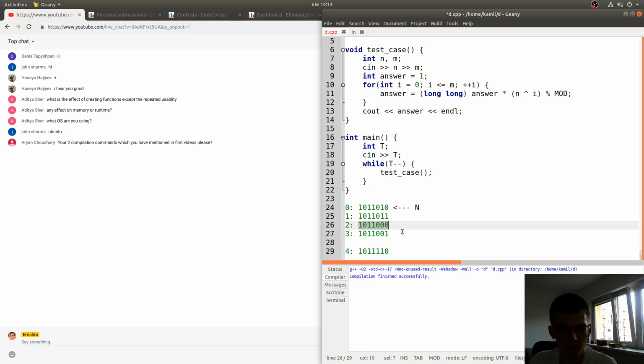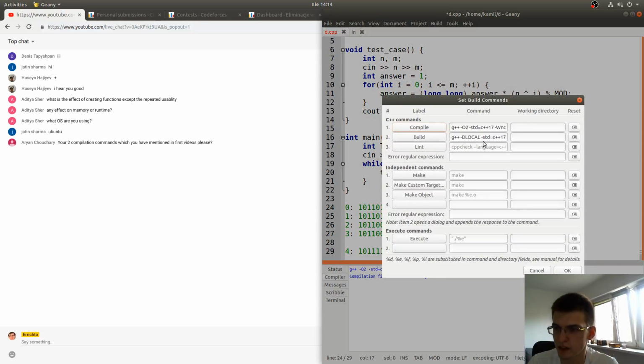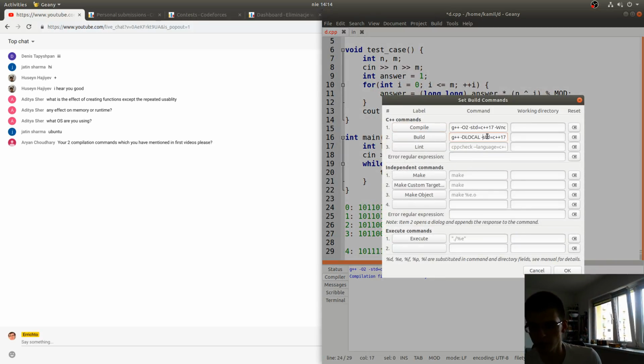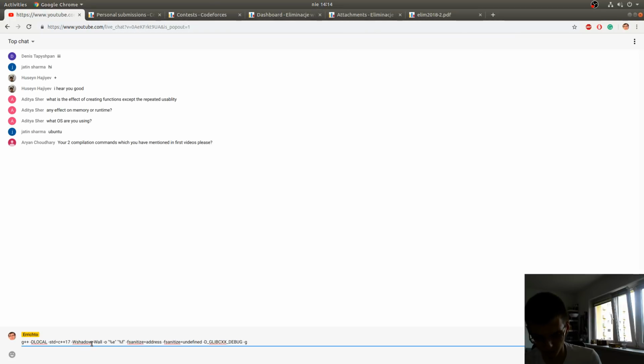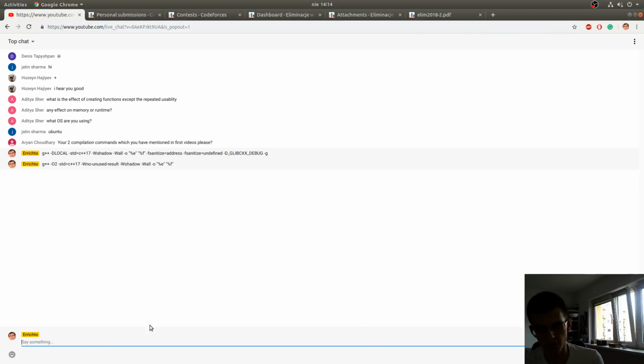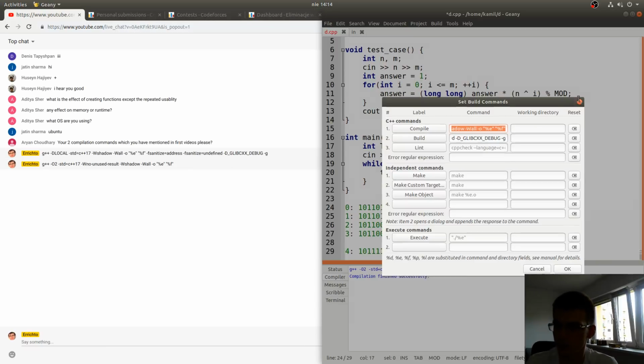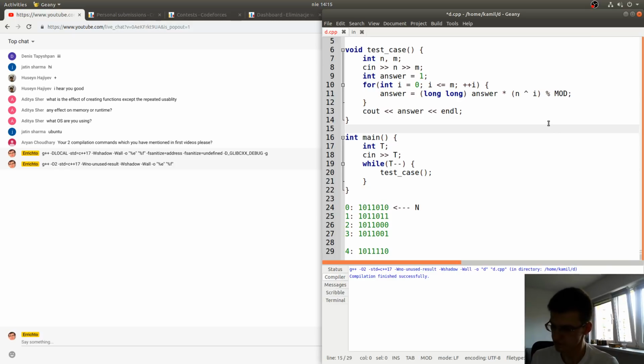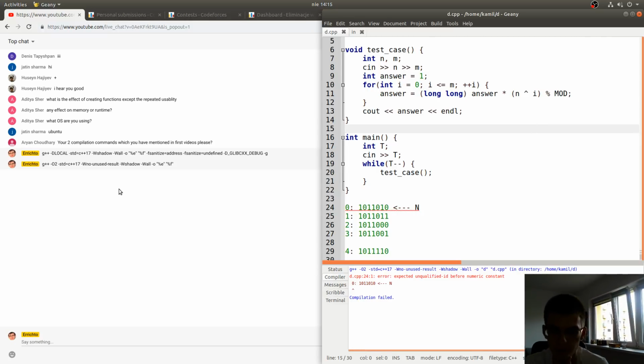Regarding the question, your 2 compilation commands which you mentioned in the first videos, please. I mentioned it a few times, that I have one command to run with debugger flags. I'm pasting it now in chat, and the other one that I use to check the running time of my program. For example, to check the running time, I use F8, which is in my IDE. It's bound to fast compilation, to compilation with O2 optimization.